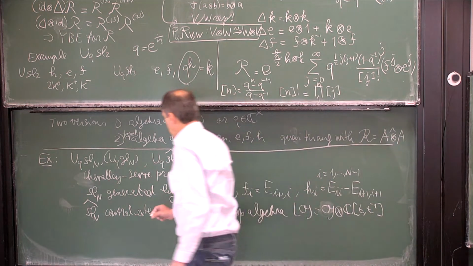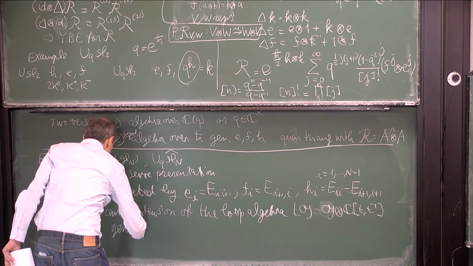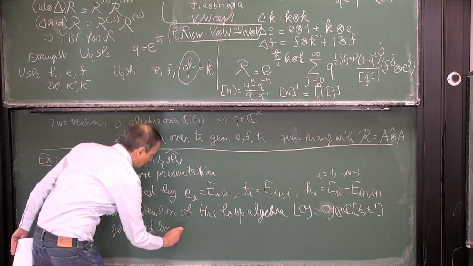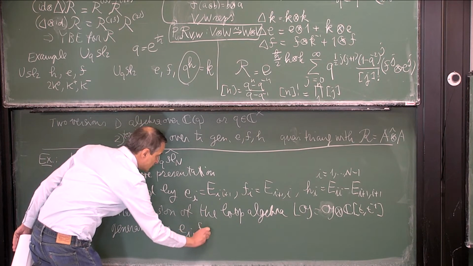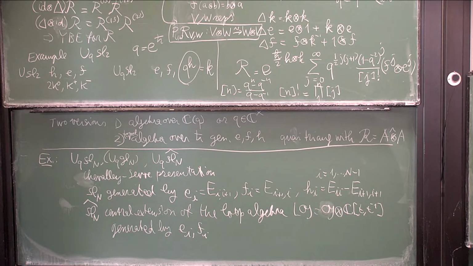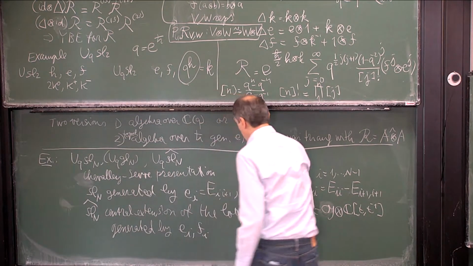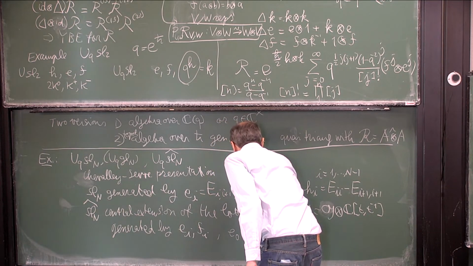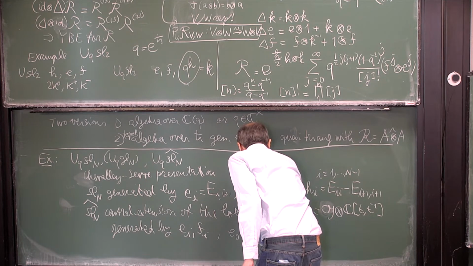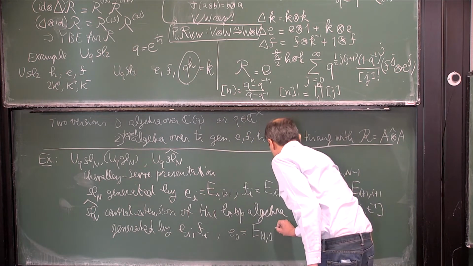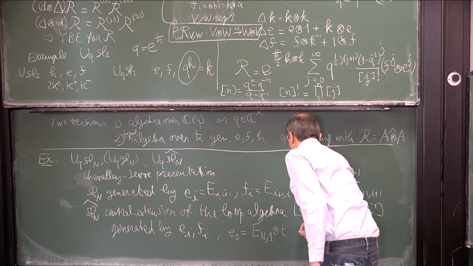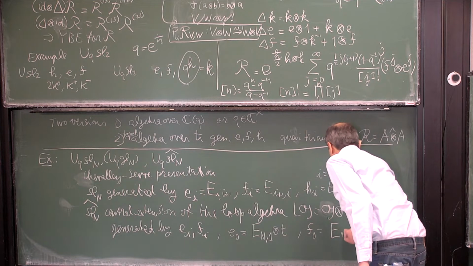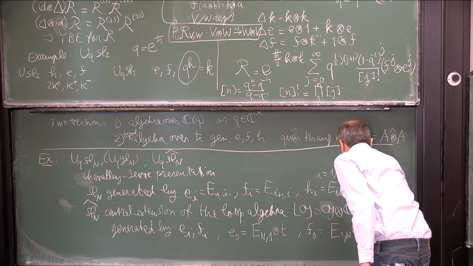And so it's generated by, you have again these e_i, f_i as before, because you have the constant loops which are generators of SL_N, but then you have e_0, which is E_{N1} times t, and f_0, which is E_{1N} times t inverse.